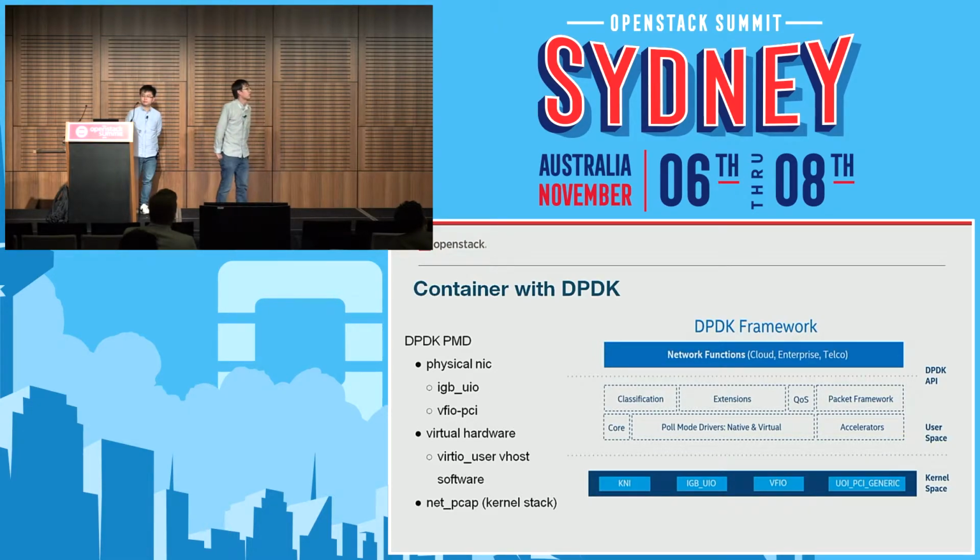Because it uses the physical network card directly, bypassing the kernel stack, it has drivers called PMD, the polling mode driver, which is used to move the kernel stack processing to the user space.